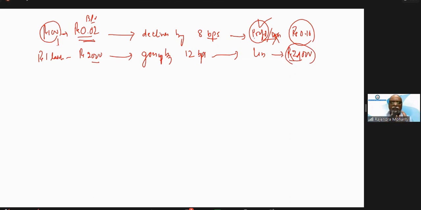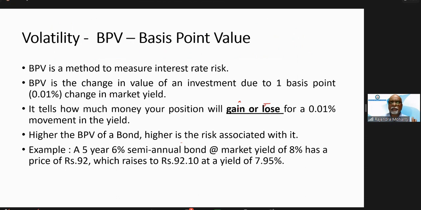Loss by how much? 24,000. So this way we can easily calculate. If the BPV of a bond is given, you can calculate how much you are going to lose or gain when the yield rate rises or declines in future.